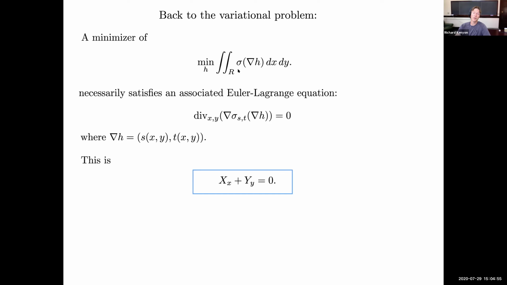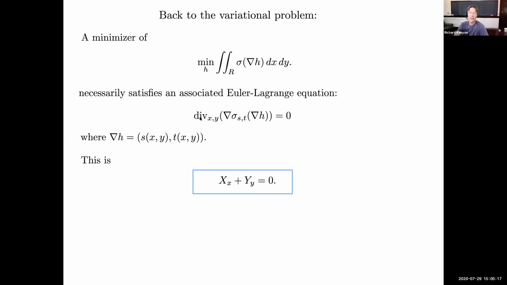To minimize this integral, the function h that you're looking for will necessarily satisfy a certain PDE. In this case, it was an ODE in the case of the Virchow-Kirov curve. Here it's a PDE, and that PDE is reasonably easy to write down just from the formulation here. And it looks like the following.